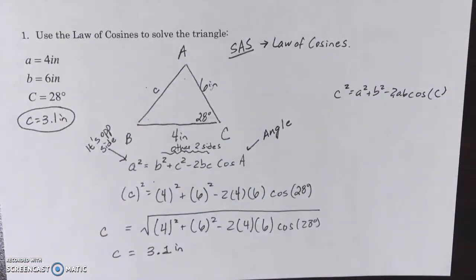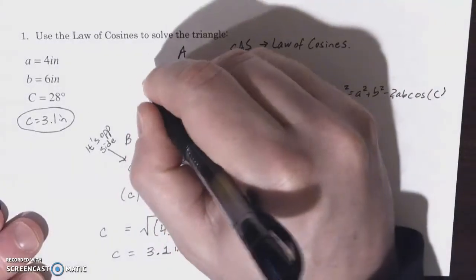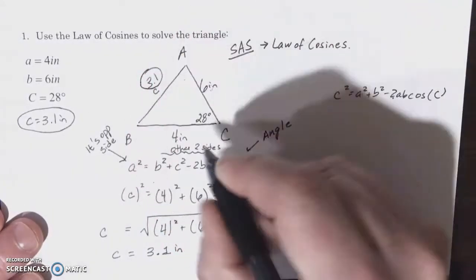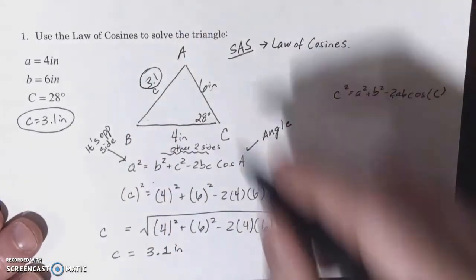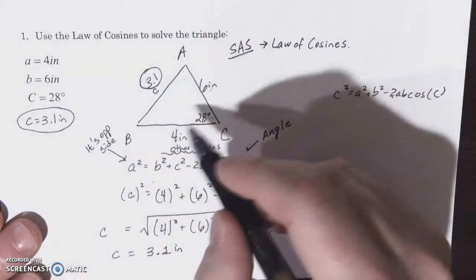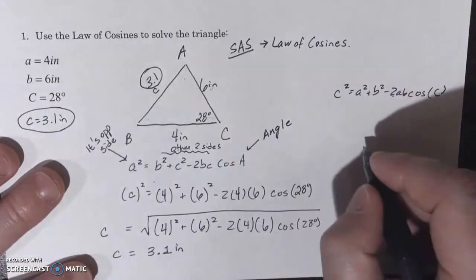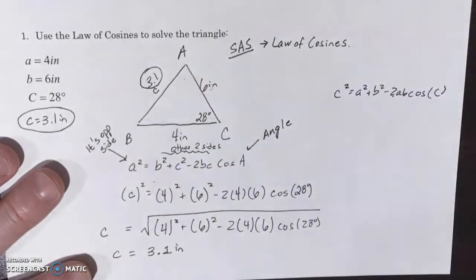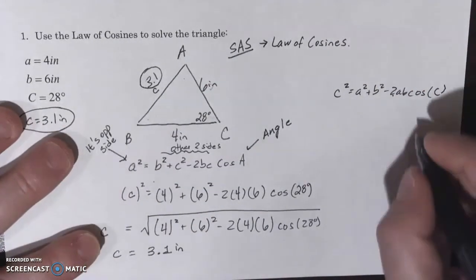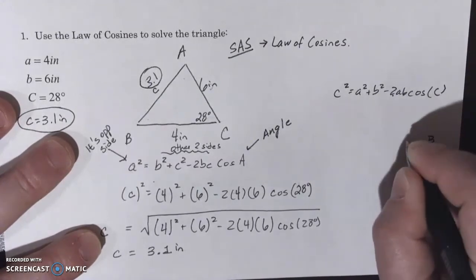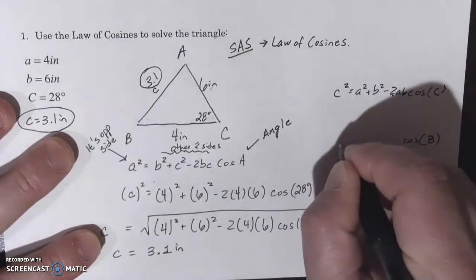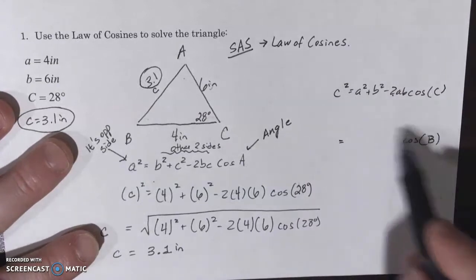What we're going to do here, now that we know this is 3.1, which makes sense, this is a very small angle, let's pick out one of these other angles to work with and solve using the law of cosines again. So let's choose angle B to solve for. If we're looking for angle B, that's going to be our unknown. So we're working over here.